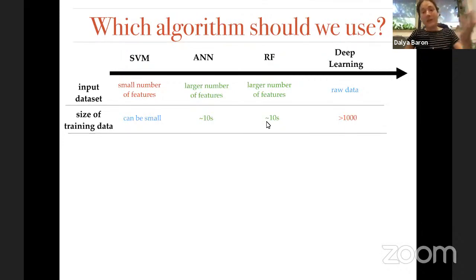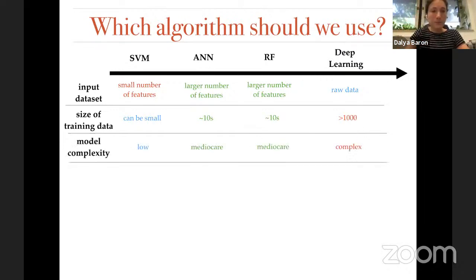It's always better to have more examples, but if I have tens of objects, I can do a pretty decent job. And in deep learning, in most of the cases, I will need more than 1,000 objects. In some cases, I will even need tens of thousands or hundreds of thousands. It really depends on the type of deep learning that I'm building.